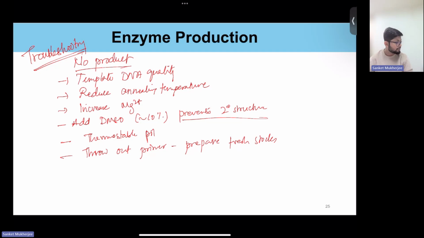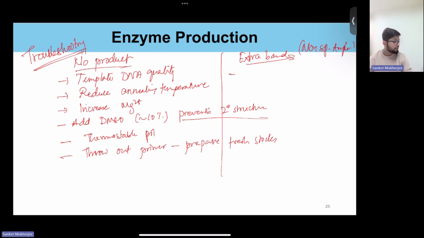It's a common problem. Sometimes what happens is you get extra bands. So in that case, the steps are usually the exact opposite. This is essentially non-specific amplification.